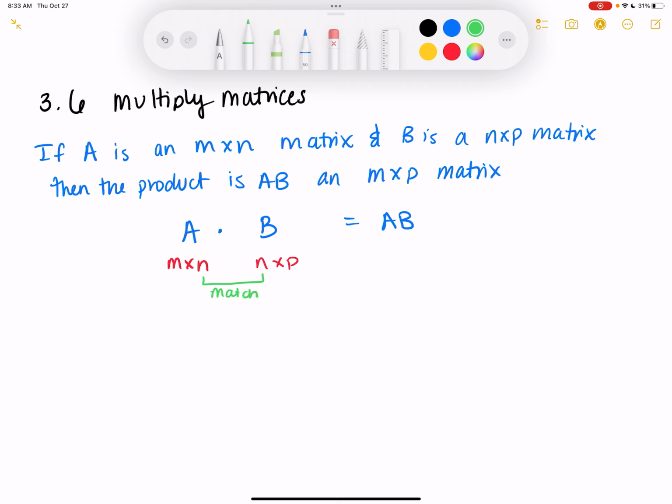So that's why order matters. Those have to match, and then the outer two give you the dimensions of AB. So AB is an m by p matrix.